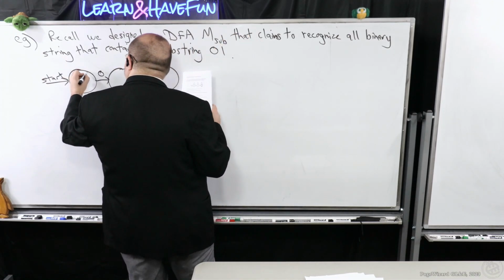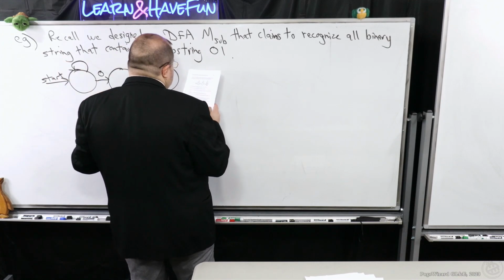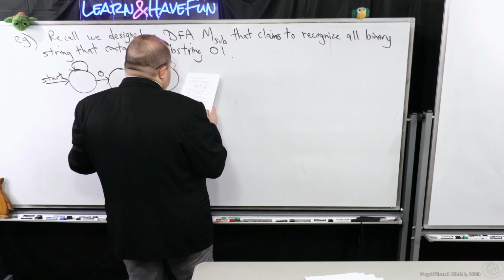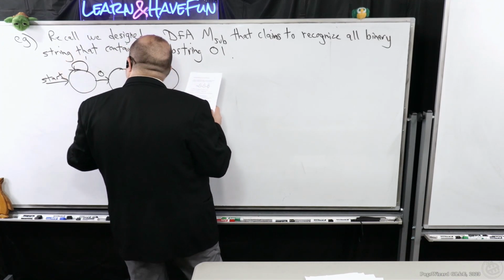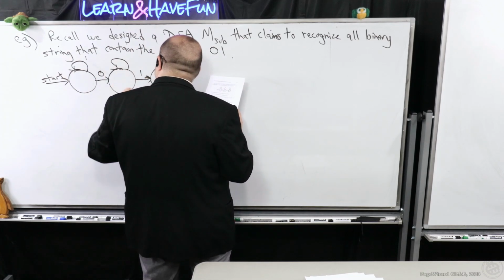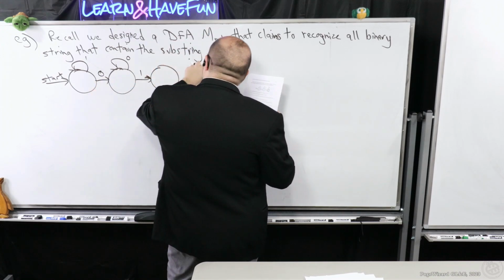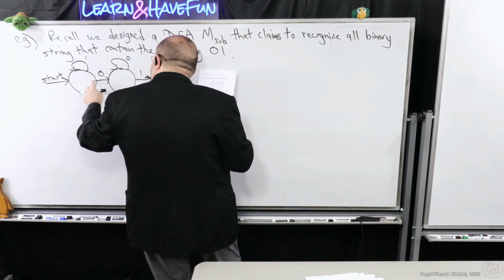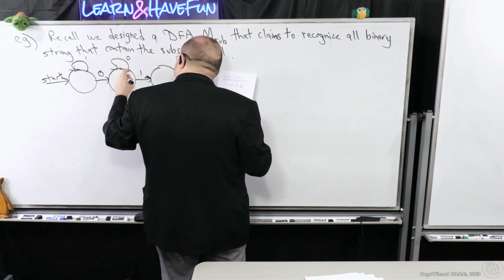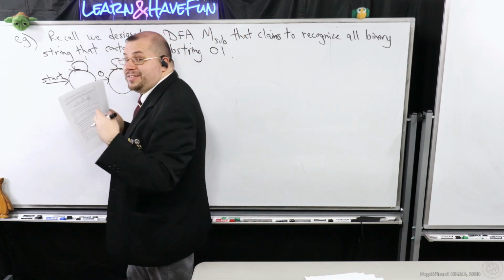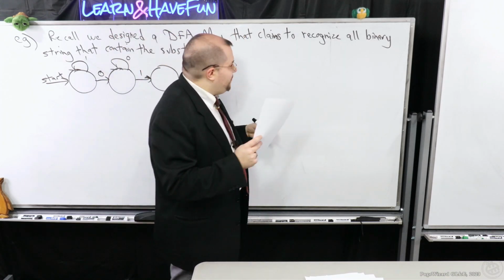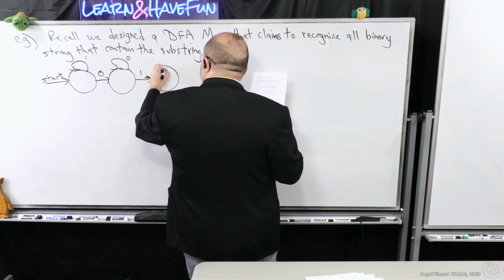But whenever that doesn't appear, I want to make sure that I can still read more of the input. Because the pattern is 0, 1, I can keep reading more zeros until I get to the 1, and regardless, I would get a 0, 1. So we took advantage of that property when we designed the DFA.